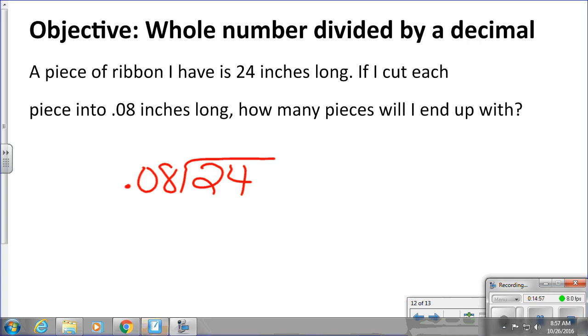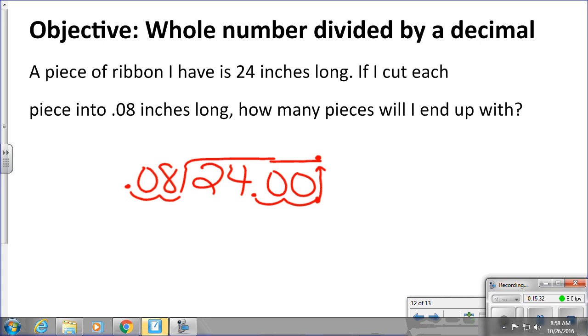Now, this is where that knowledge of whole numbers as decimals comes into play, because 24 as a whole number has an invisible decimal back there, and you're going to need that knowledge because when you have a decimal in the divisor, you must move it to the end, however many hops it takes, and then you must also move it to the end in the number inside. And since there weren't any digits there to move past, I had to add some zeros. So the decimal is going to be here in my answer.